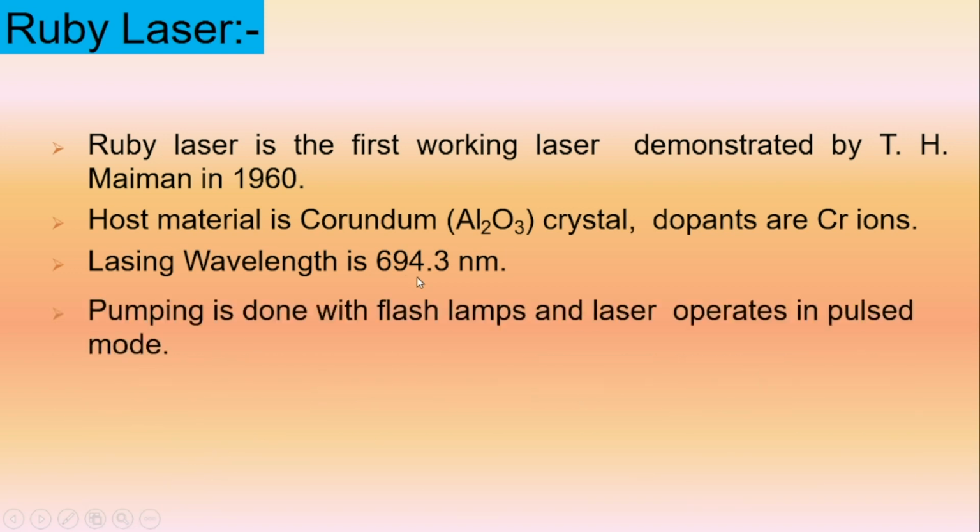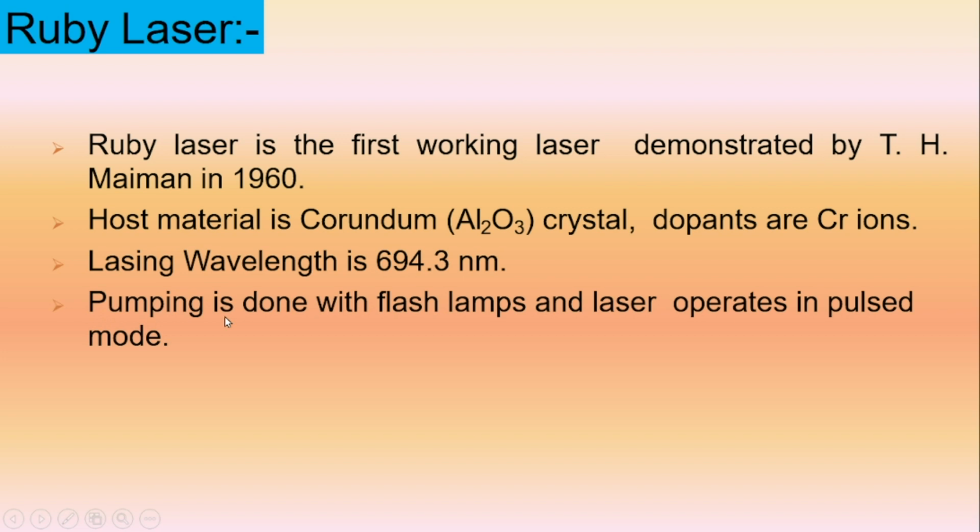Pumping is done with flash lamps, and the laser operates in pulse mode. It is a 3-level solid state laser. It is a solid state laser because the active medium is used in solid form.